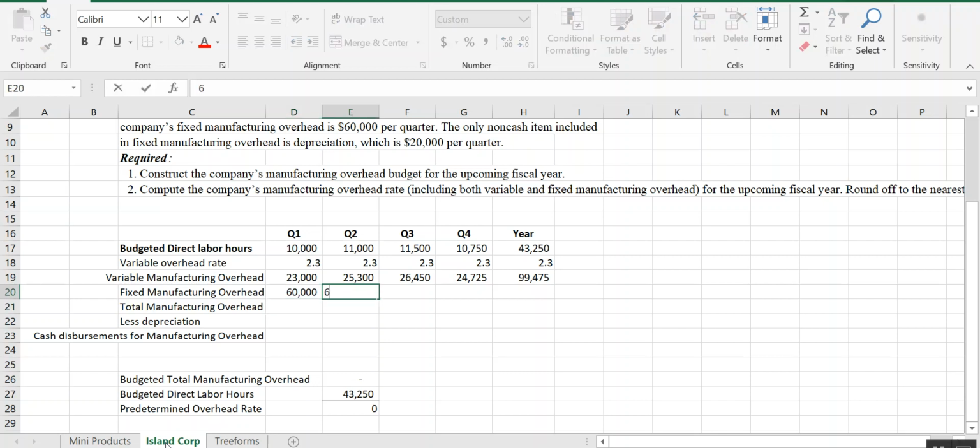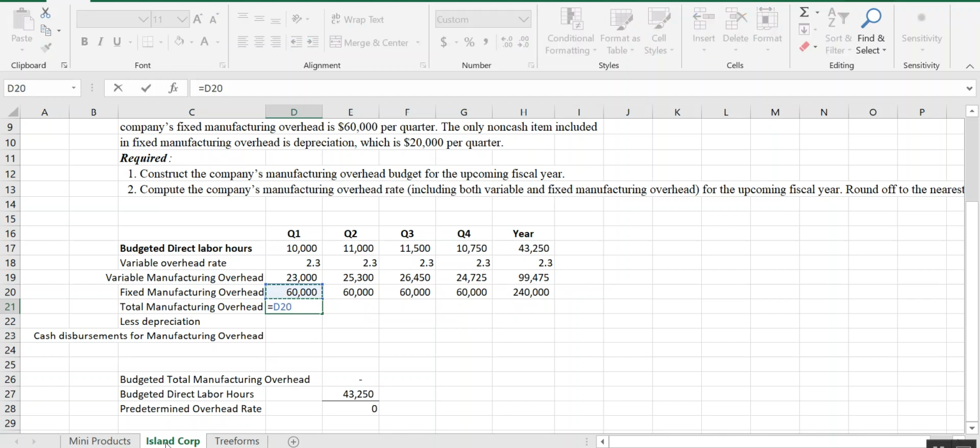So 60,000, 60,000, 60,000 in quarter 3, 60,000 in quarter 4, total of 240,000 for the year. So that's our total fixed manufacturing overhead.